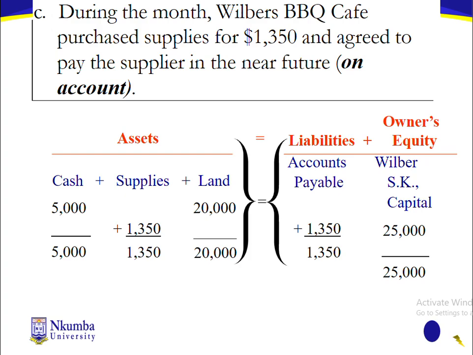So we shall increase the accounts payable by $1,350, and also increase the supplies account, which is an asset, by $1,350. So a credit in accounts payable is $1,350. Then you debit the supplies by $1,350.